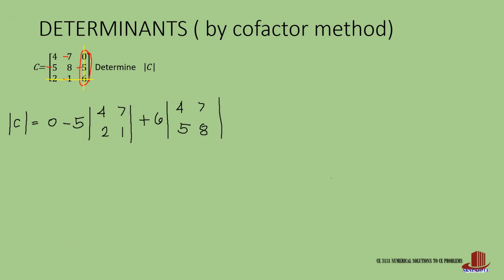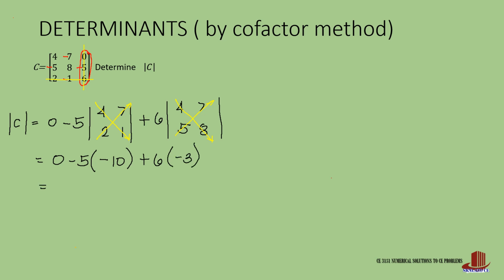From this equation, we can thereby use our Sarrus method or butterfly method in order for us to simplify our 2 by 2 matrix. So, this would be 0, minus 5, with the determinant of 4 minus 14, giving us minus 10, plus 6, times the determinant of 32 minus 35, or that would be negative 3.